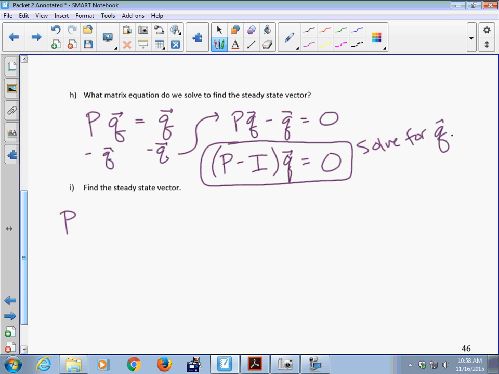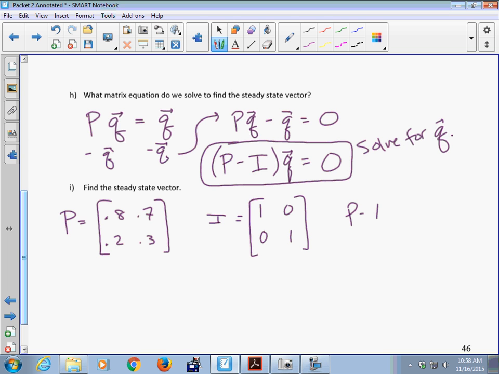P was 0.8, 0.7, 0.2, 0.3. And the 2 by 2 identity is 1, 0, 0, 1. So when I subtract them, P minus I gives negative 0.2, 0.7, 0.2, negative 0.7.